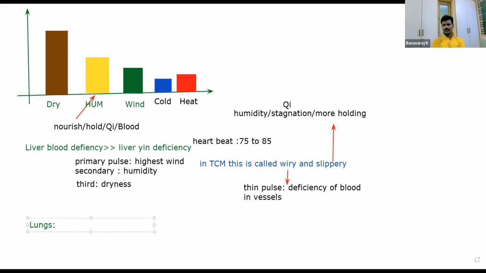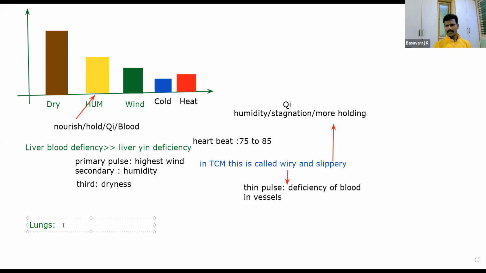Now, if along with the dryness the humidity is there, what happens?